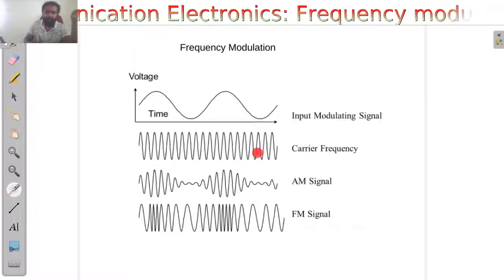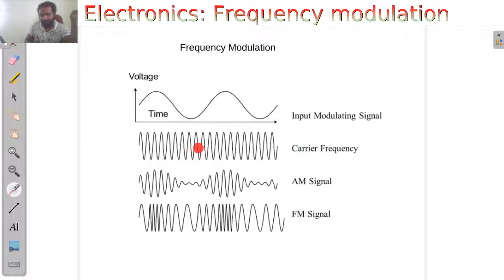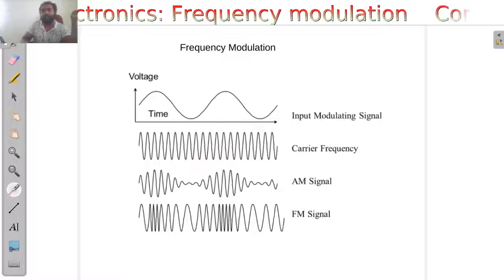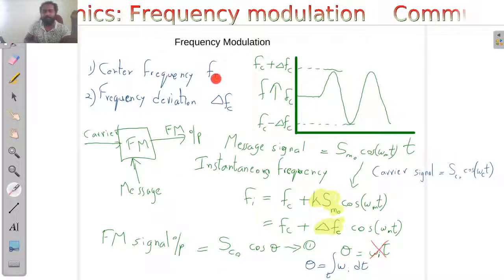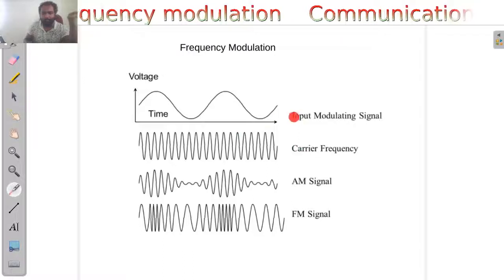When you consider the carrier, the frequency of this unmodulated carrier is defined by the term center frequency, fc. So that is the frequency when there is no modulating signal.